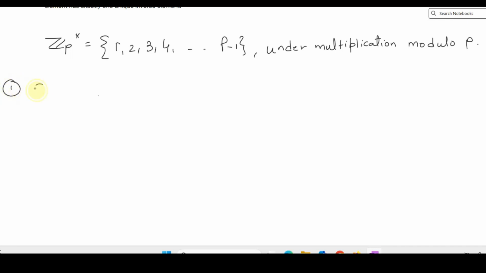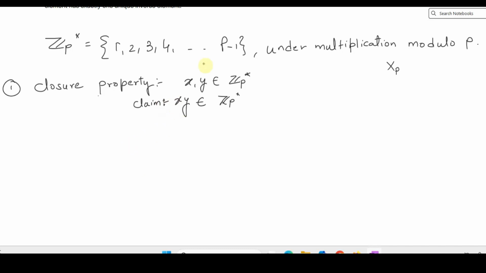First of all, let's prove the closure property. For that, we'll choose any two elements from this set, and we will prove that their product is also in this Zp star. So what is the operation we are defining on the set? Multiplication modulo p.